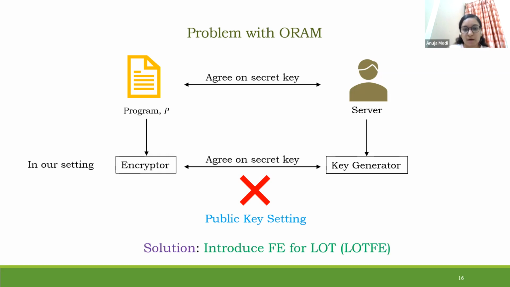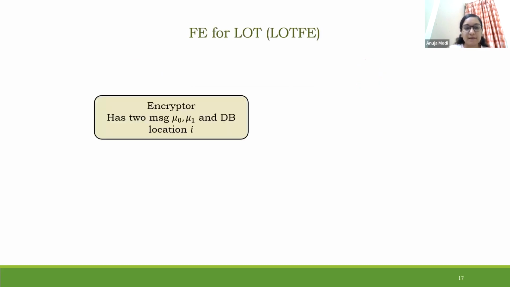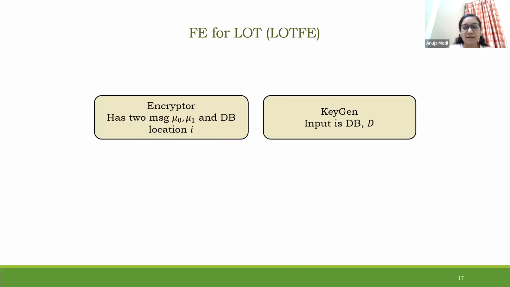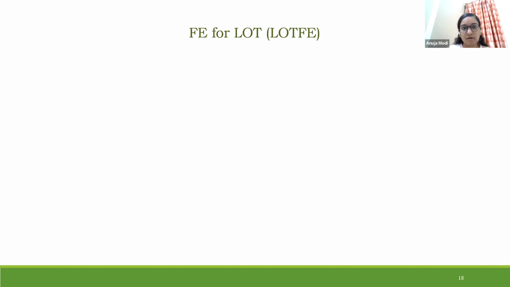So to overcome this problem, we introduced functional encryption for laconic oblivious transfer. In functional encryption for LOT, the encryptor has two messages, mu0 and mu1, and a database location I. The keygen has as input the database. The decryptor is allowed to recover mu of di, but mu of 1 minus di and I are hidden.